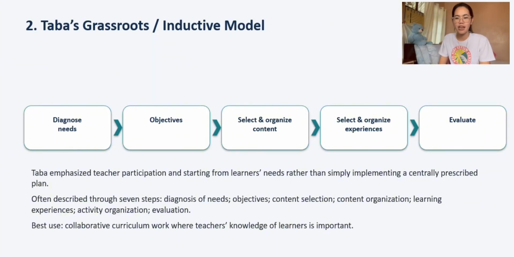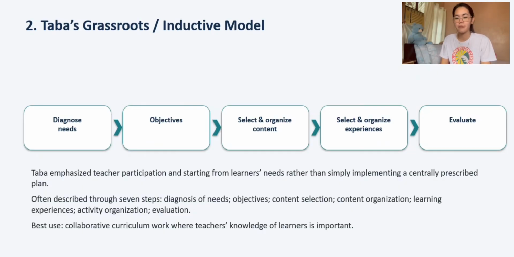After identifying the needs, teachers develop objectives, select and organize content, select learning experiences, organize learning activities, and finally, evaluate the curriculum. The important idea here is that teachers are not simply implementers of curriculum. They can also be active curriculum developers.